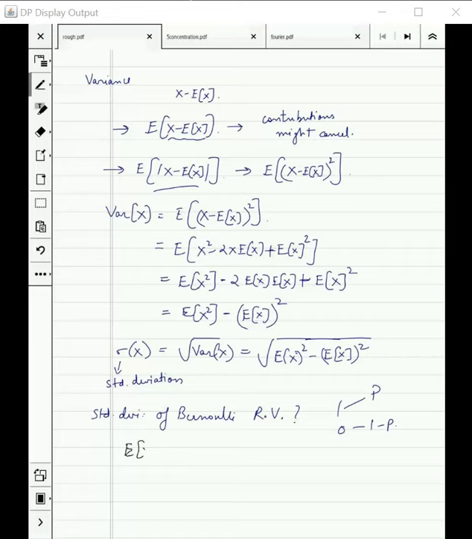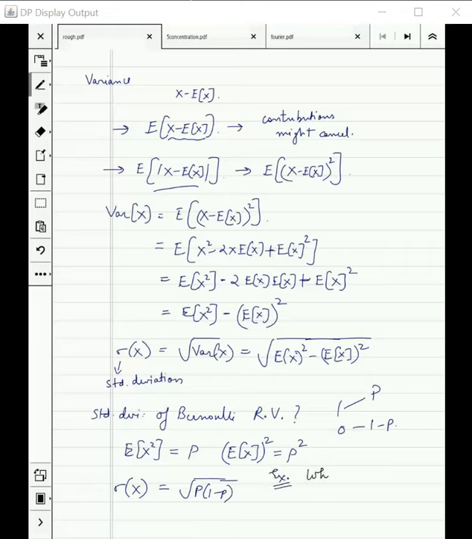Expectation of X square, you can see, will come out to be p. You can calculate it yourself. And expectation of X was p, so (E[X]) whole square will become p square. So the sigma for the Bernoulli random variable is the square root of p(1 minus p).